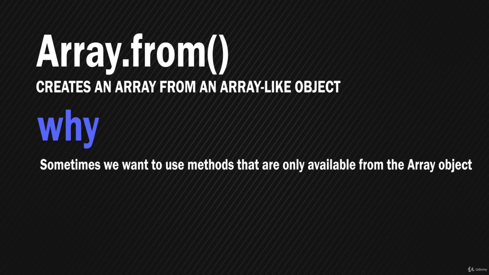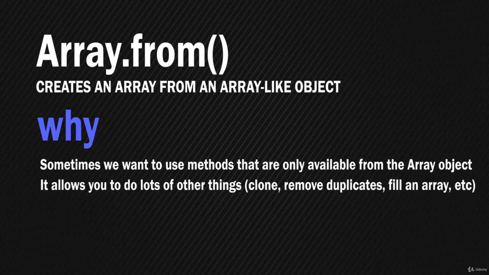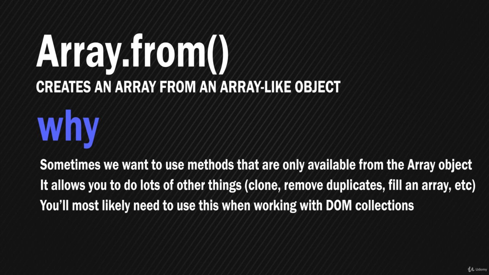And over and above this, the array from method is extremely useful. It allows you to do lots of other things, like cloning arrays, removing duplicates, even filling an array, etc., etc. There are a lot of things you can do. And most definitely, you're going to be using this when working with DOM collections. And it brings me back to that first point. Sometimes we want to use methods that are only available on the array object.